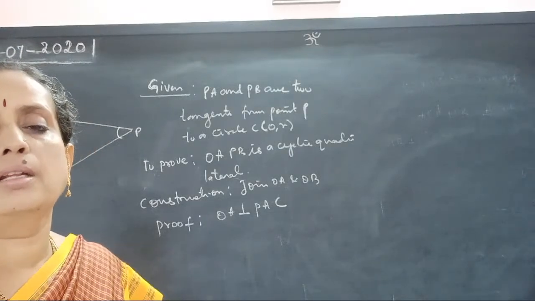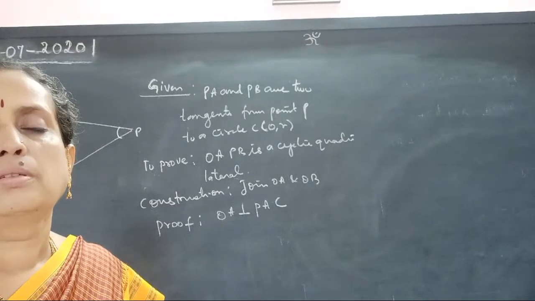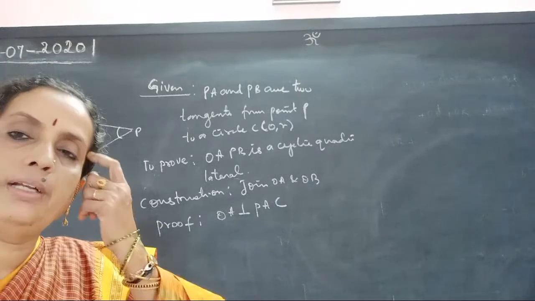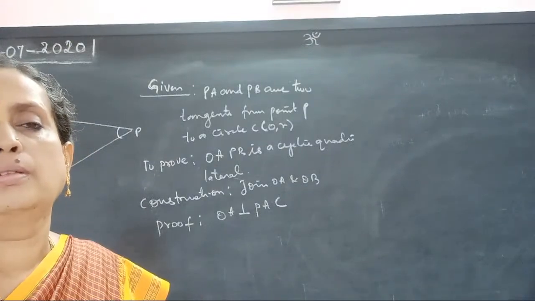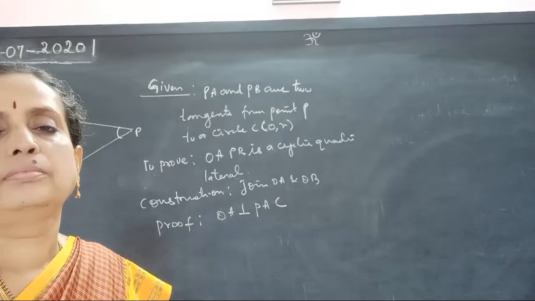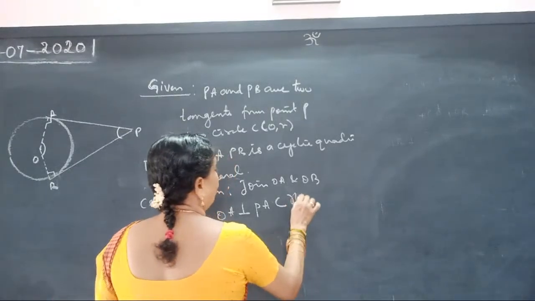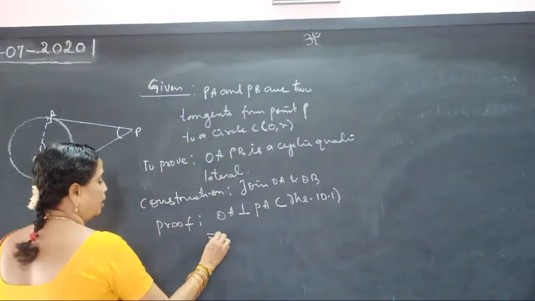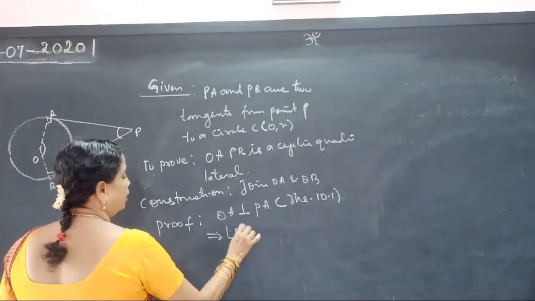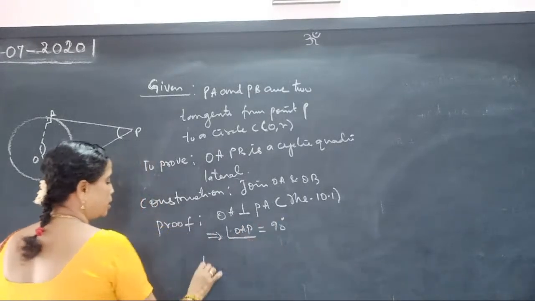What is the reason? For what condition have we taken OA perpendicular to PA? Yes, theorem 10.1. According to theorem 10.1, it is perpendicular, which implies angle OAP equals 90 degrees.